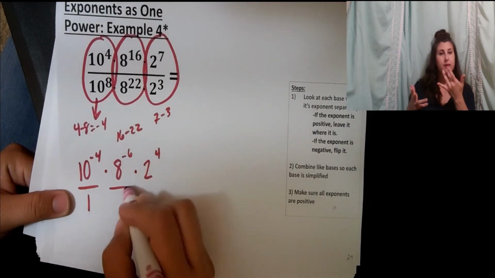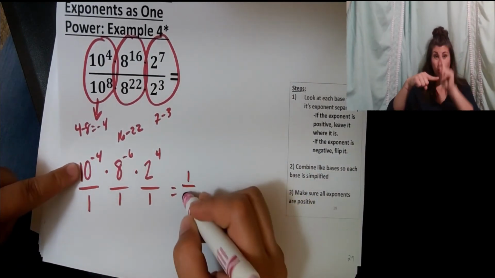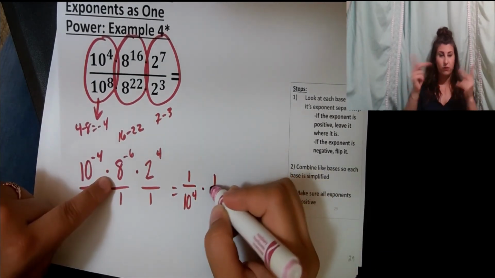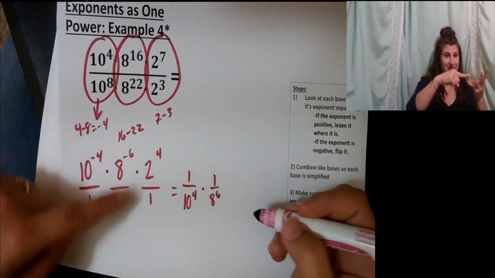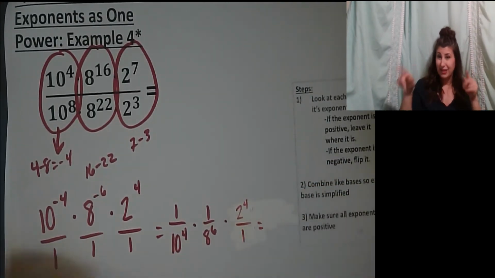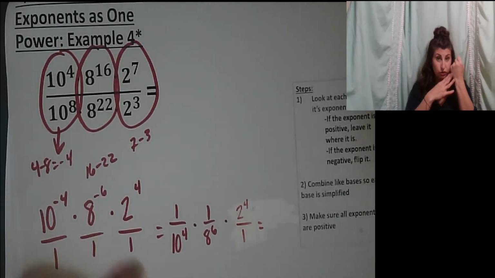And if I want to think of each one over 1, I can say, okay, well, this one is 1 over 10 to the 4th, times 1 over 8 to the 6th, because I flip it, times 2 to the 4th over 1.